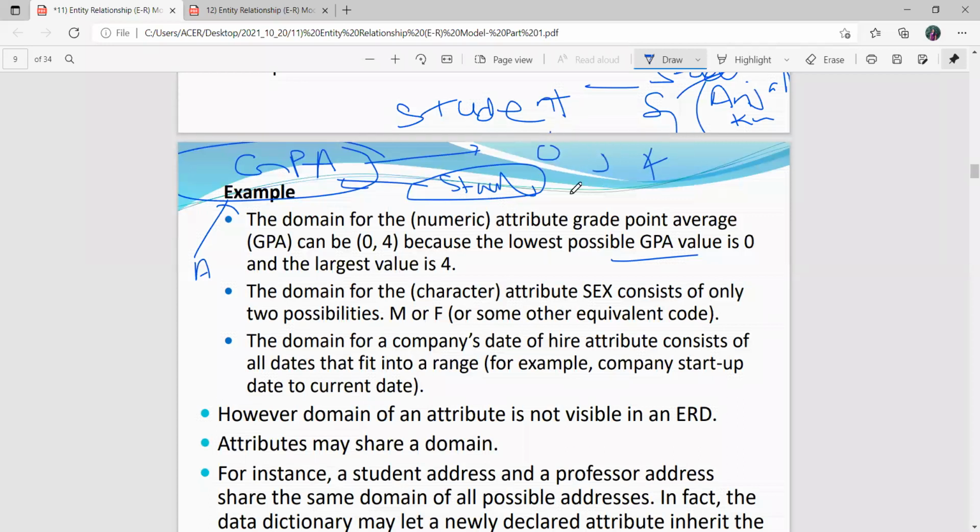That means these are numeric values. The maximum value of the GPA is 4 and the minimum value is 0. So we can use this range to define the GPA. This is the domain of the GPA attribute.